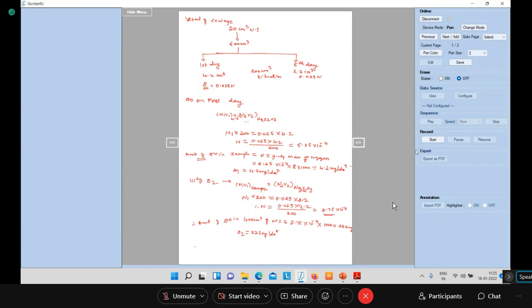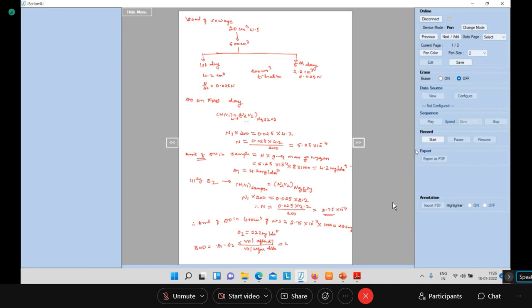Now, how will you calculate BOD? What is the BOD formula? BOD is equal to D1 minus D2, into the dilution factor. The dilution factor is volume after dilution by volume before dilution.